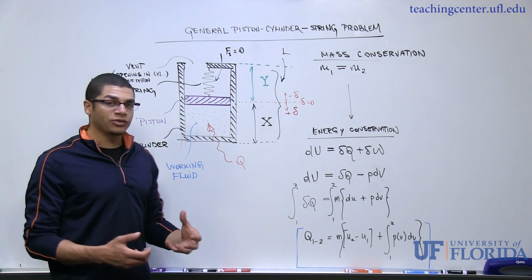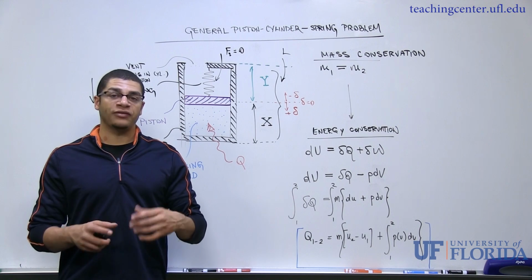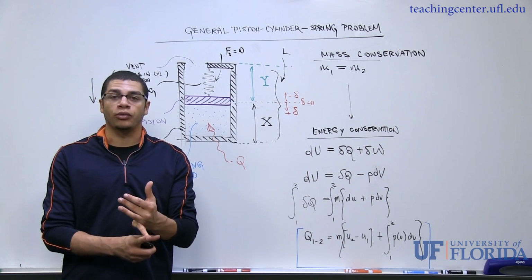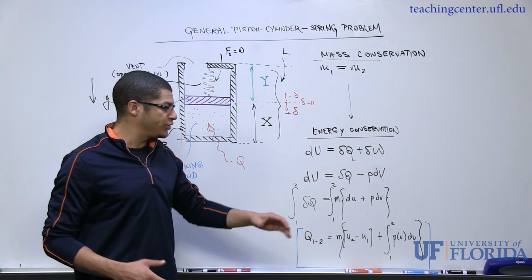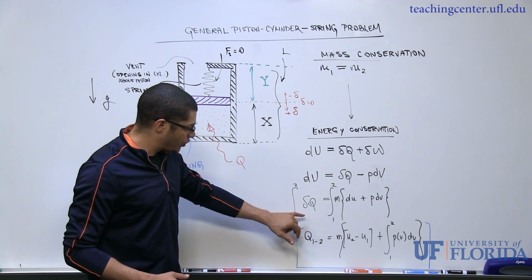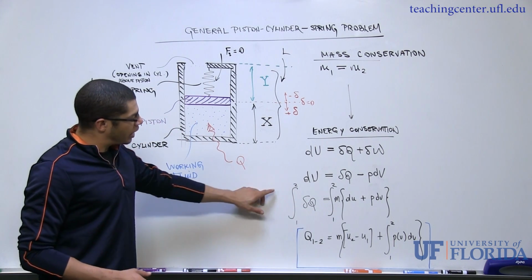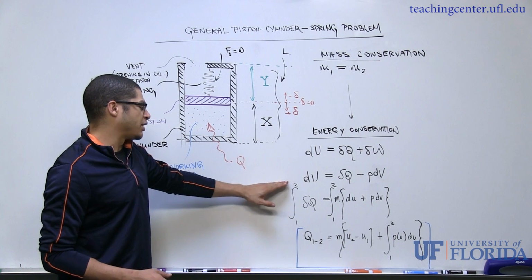A lot of times what they'll do is they'll ask you to solve for the heat transfer after they've constrained the thermodynamic process and the end state or intermediate state. So what I've done is rearranged my expression for the first law in terms of Q. Okay? And then I've done nothing more than integrated between the initial state and the final state.